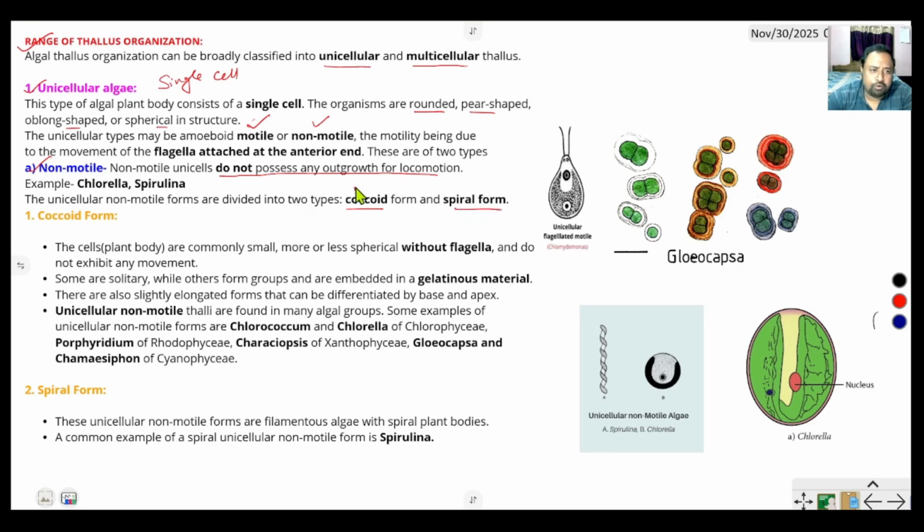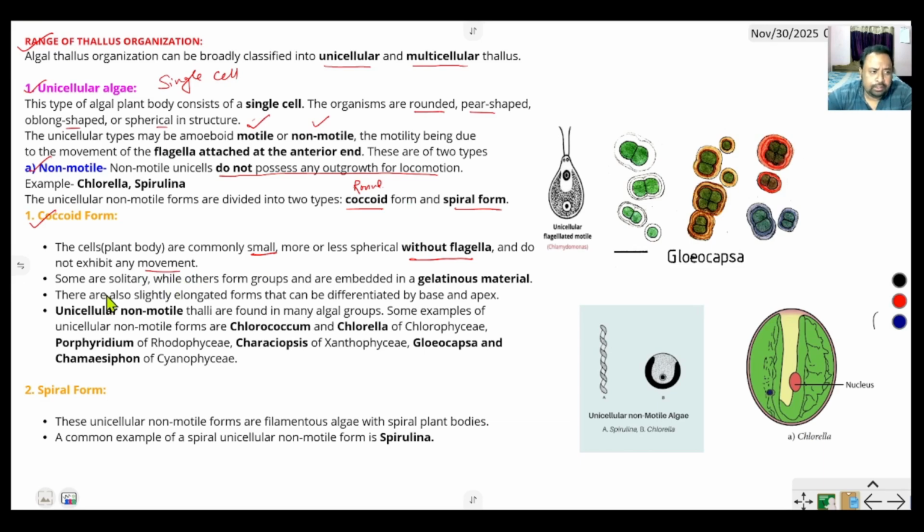Coccoid means round forms, rounded algae. First, coccoid forms. Coccoid means the plant body is commonly small, more or less spherical, without flagella because they are non-motile and do not exhibit any movement.